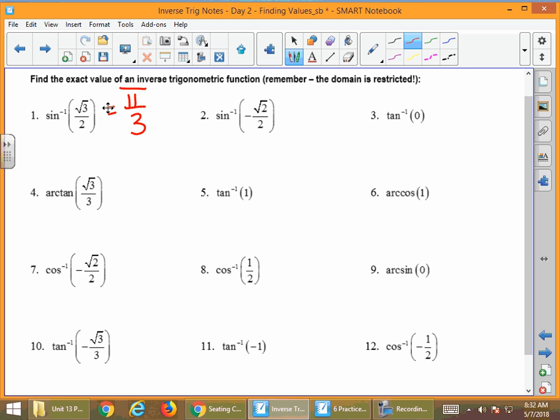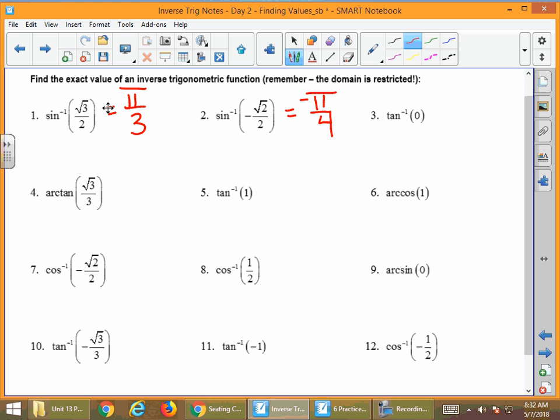What angle of sine has a value of negative the square root of 2 over 2? Well, that's going to be pi over 4, but because it's negative, we're going to be in the fourth quadrant, which is going to be negative.